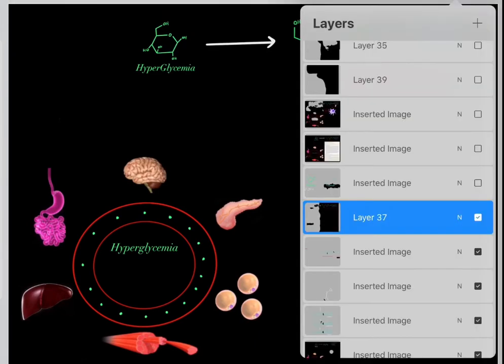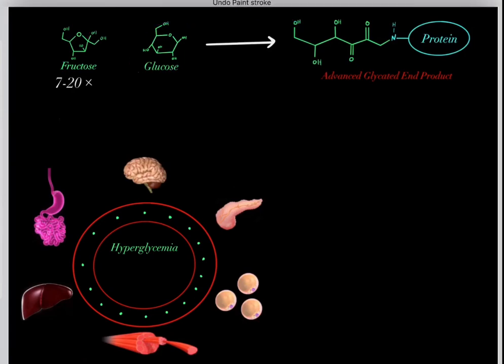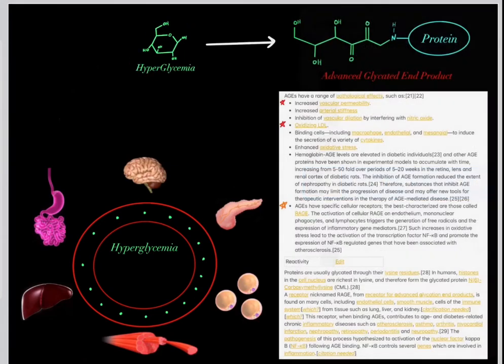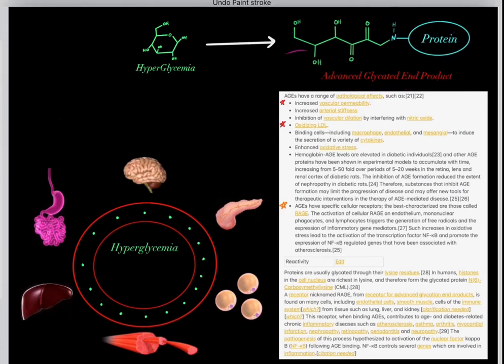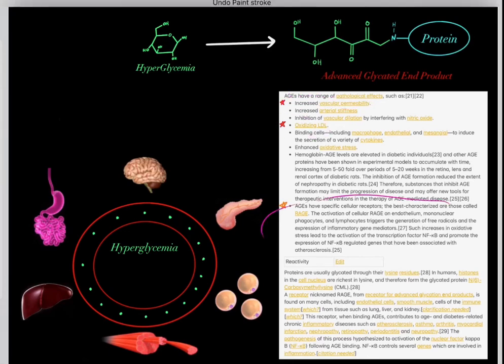But what's important to realize is that the fructose molecule is 7 to 20 times more likely to form these advanced glycated end products than glucose molecules. But once we form these advanced glycated end products, they cause lots of problems. For example, they increase vascular permeability, they increase the amount of oxidized LDL particles, and they also lead to inflammation.